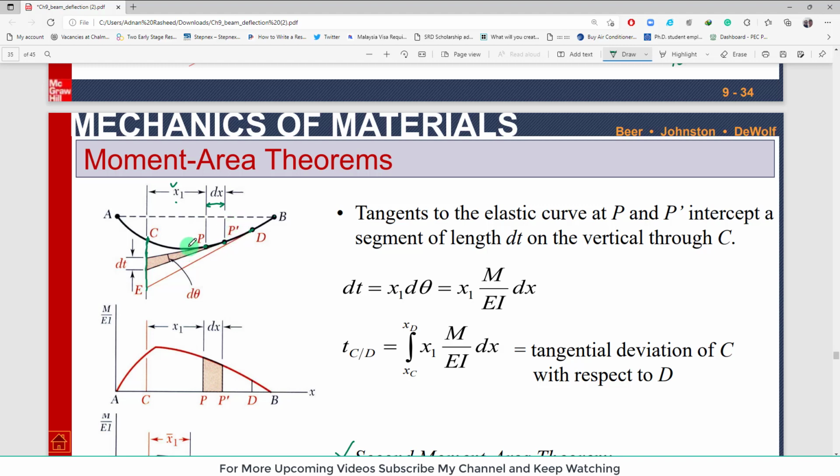Okay, so again, if you draw a line that is tangent to this point P, it will also intersect the vertical line at this point, clear.